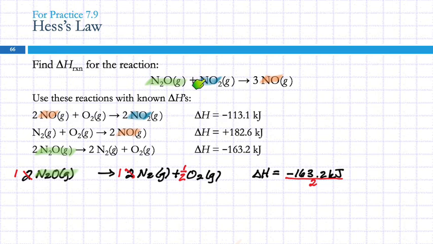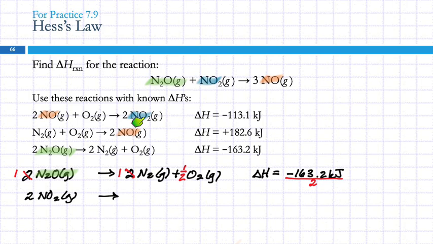Now let's look for the next reactant. That's the blue one, NO2. That shows up over here, but here it's a product. So I'm going to take this chemical equation and I'm going to write it backwards. It helps to keep your arrows lined up. So I've got 2 NO2 gas.